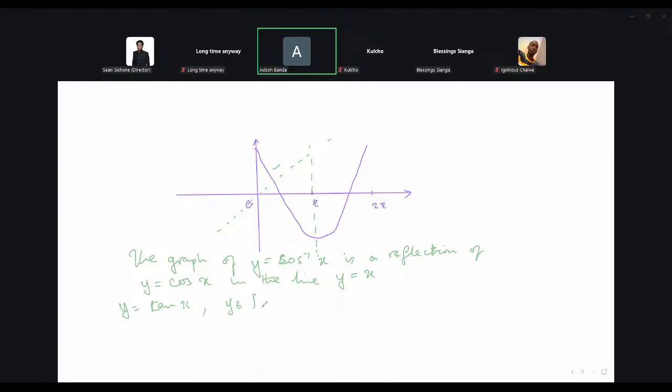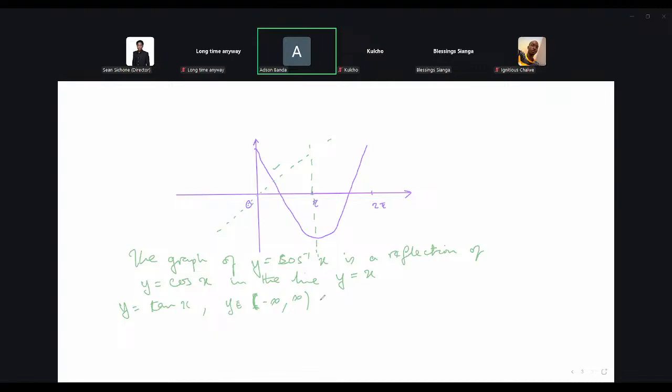So y in this case belongs to this interval minus infinity to infinity. And of course, when we draw it, we see that even the values of x will range from minus infinity to infinity. Now, to get the unique value of x for a given y, we still need to restrict the domain, or we restrict the values of x to a particular interval.